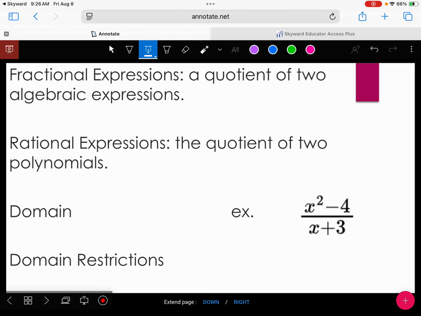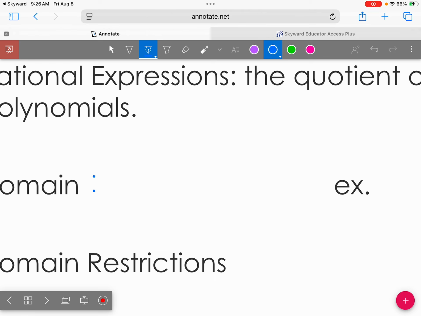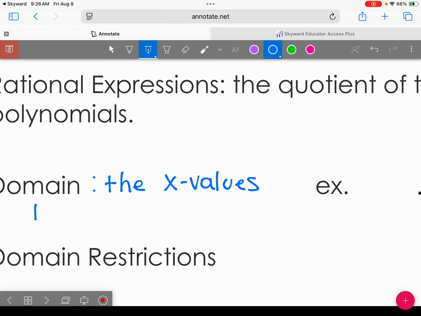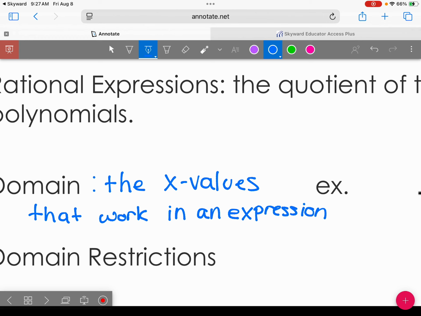So our domain, we're going to typically write on a lot of these. And just as a reminder, the definition for our domain is the x values that work in an expression. So we are going to wind up with something called a domain restriction when we have these fraction problems, because we have that one thing we can't divide by.